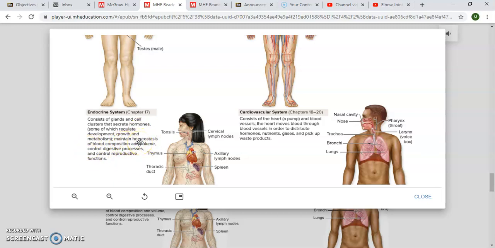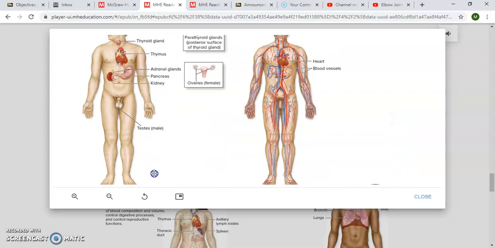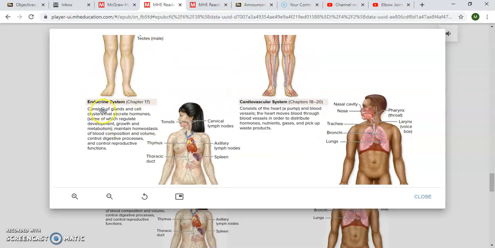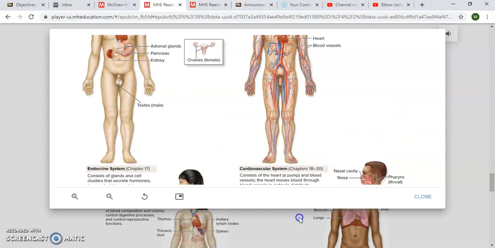That's a term we haven't yet talked about, but we will soon. That's just the regulation part, keeping things like your body temperature and blood pressure and heart rate in the normal range. And it controls digestive processes, reproductive functions. So it's a big regulatory system, just like the nervous system. But again, it does it through hormones.